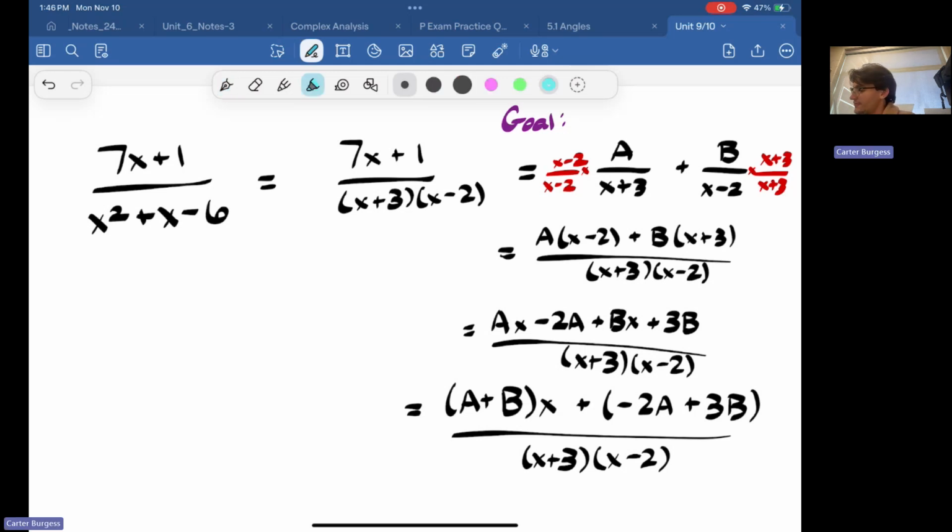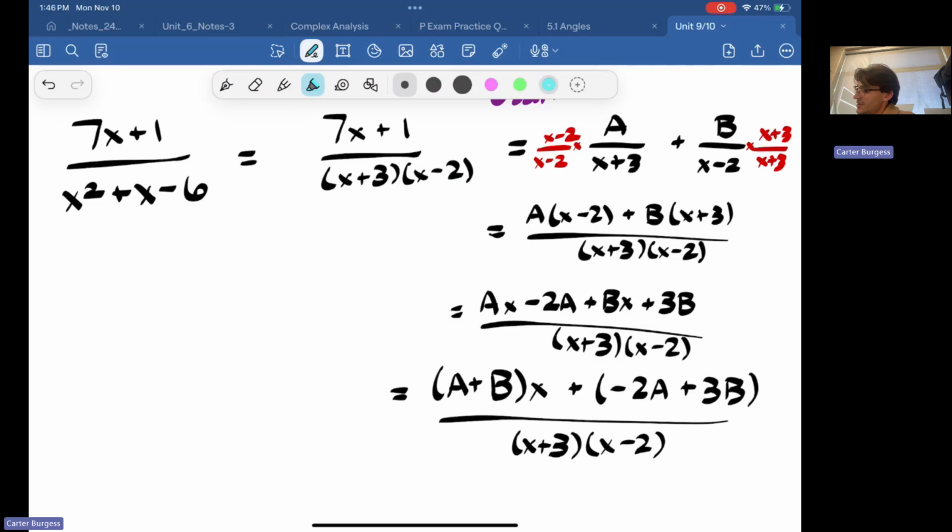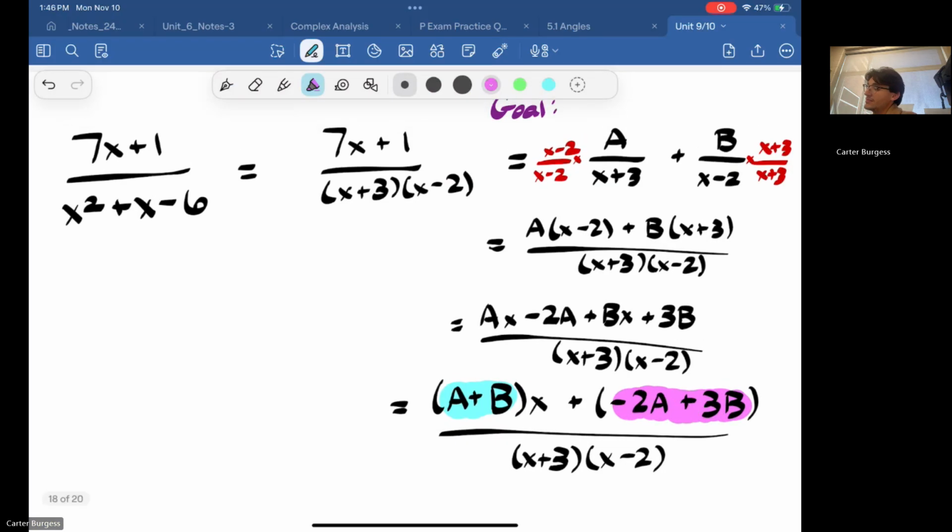And now, for the system of equations, what should this be equal to? And what should this be equal to? Blue should just match the coefficient in front of the x term from my original, so it should be equal to 7. And the purple, magenta, pink, whatever, should be equal to 1.